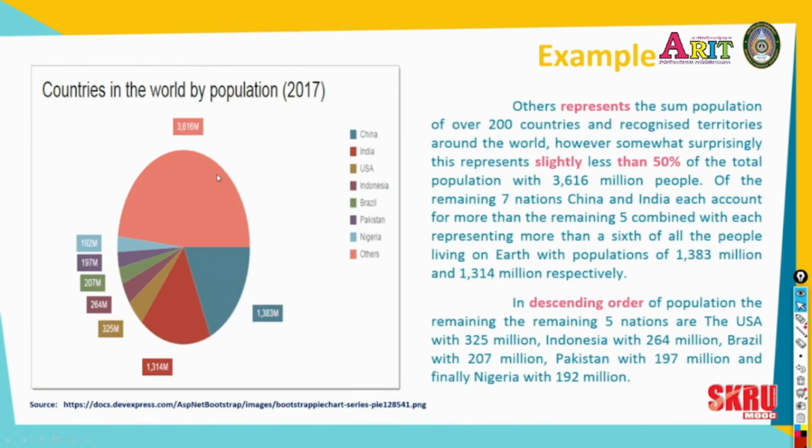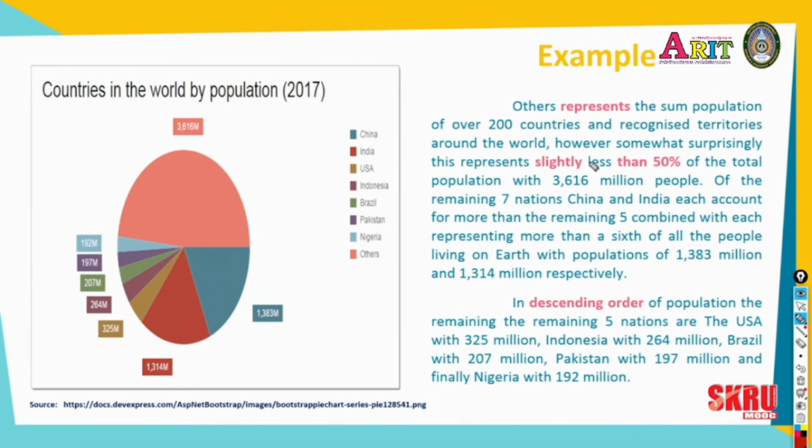So here we're getting into describing the detail of the content. Others represents the sum population of over 200 countries. So I can say that with reasonable confidence. However, somewhat surprisingly, this represents slightly less than 50%. So other represents 50%.